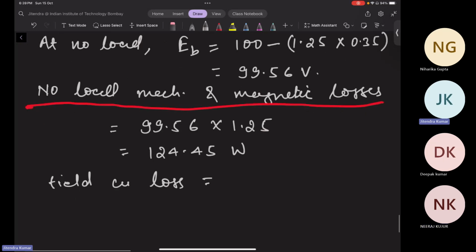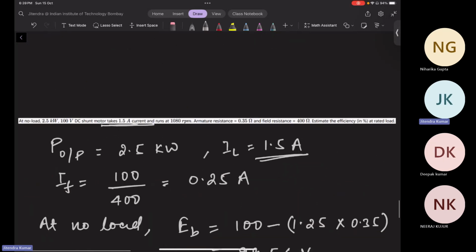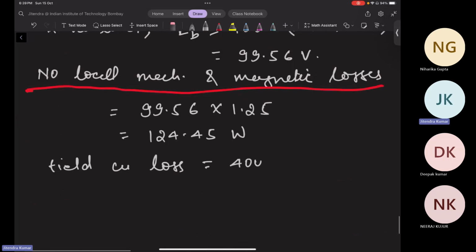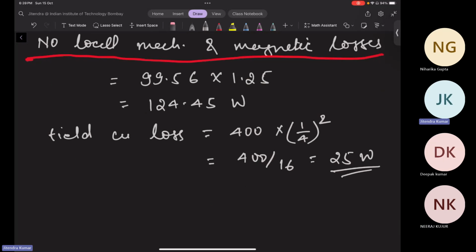Field copper loss will be equal to IF squared into RF. We have calculated IF as 0.25 ampere and our RF is 400. So 400 into 0.25 squared, that is 400 divided by 16. So it will come out to be approximately 25 watt. So now this is the total constant losses of the machine. The variable loss is armature loss, right?